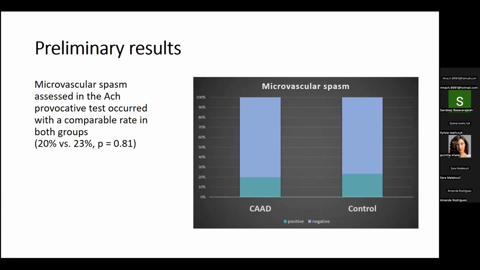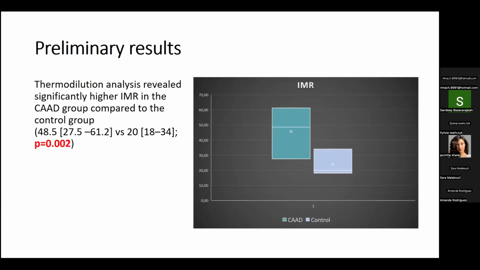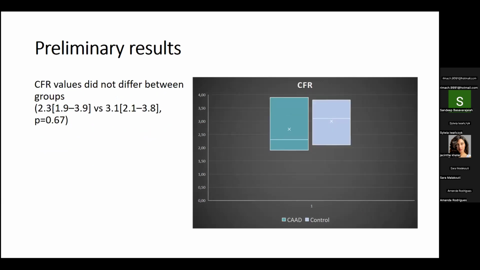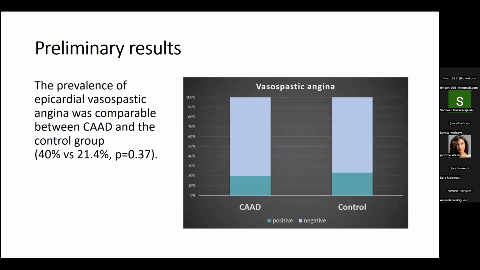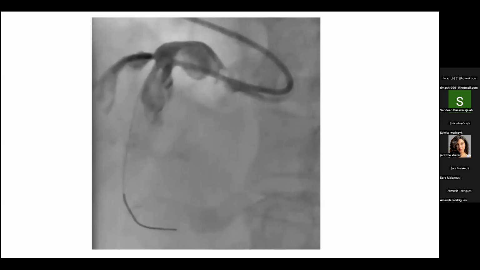Microvascular spasm, the rate is similar, but as you can see, the value of the IMR is significantly higher in patients with coronary aneurysm. I think it's quite interesting, especially in such a very small group. So I am looking forward to the end of the study, and we will see. CFR is the same. Vasospastic angina is also comparable between groups.